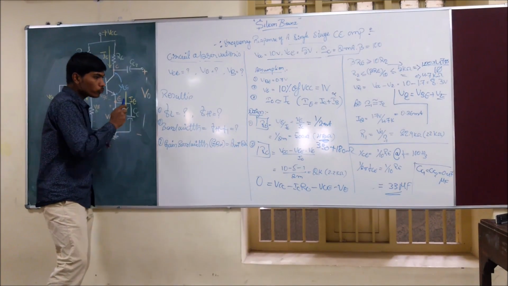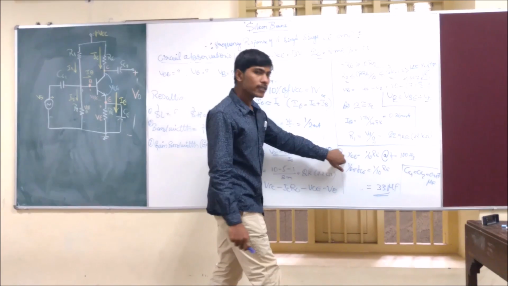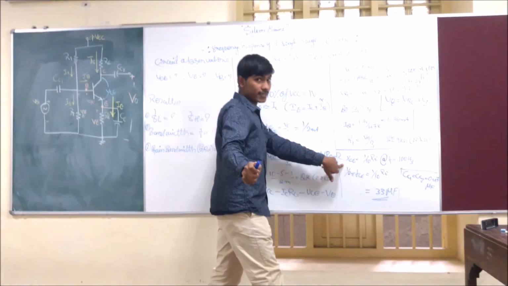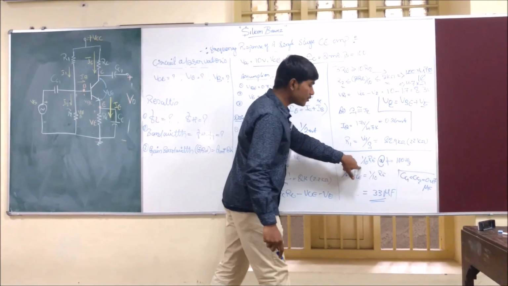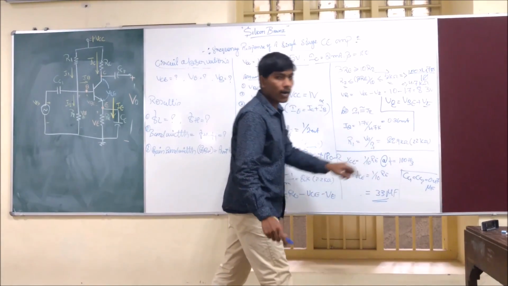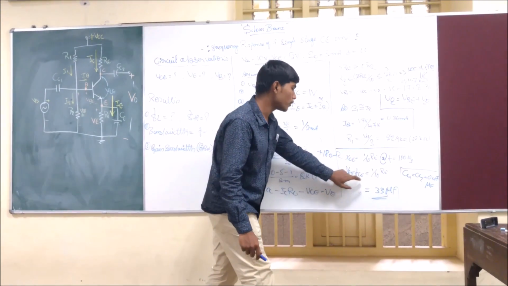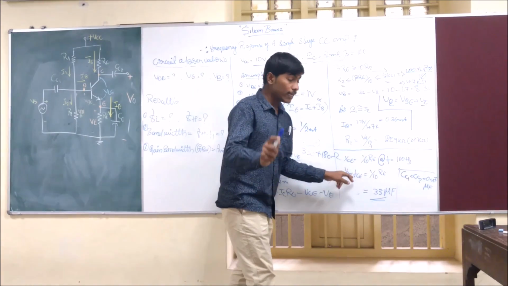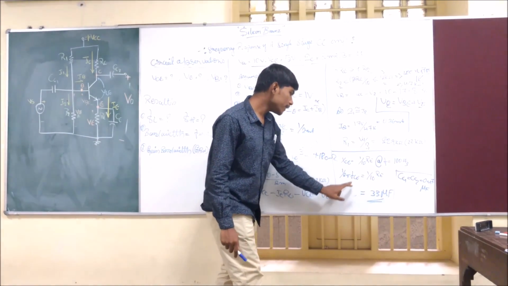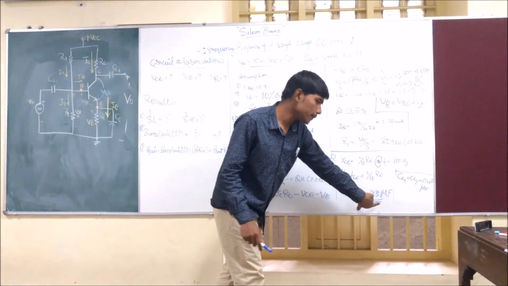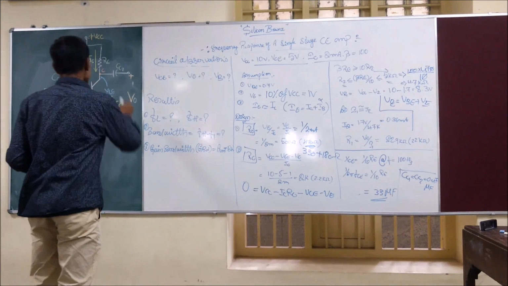So let's come back to how to design this capacitor. The capacitor impedance is equal to 1 by 10 of RE. Then the reactance of the capacitor is 1 by 2πfC. With 1 by 10 of RE, we can conclude that C is 33 microfarad.